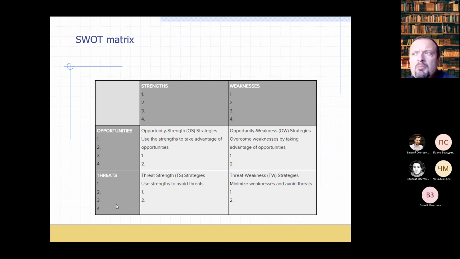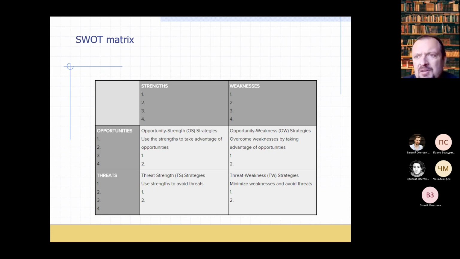If you wish to mention more than four, let it be, but I would like to have just maybe even three. And you have to fill every box with at least two crossing strategies. What does it mean? You have to take one strength and one opportunity, and in the crossing of these factors, you have to create a piece of the strategy.